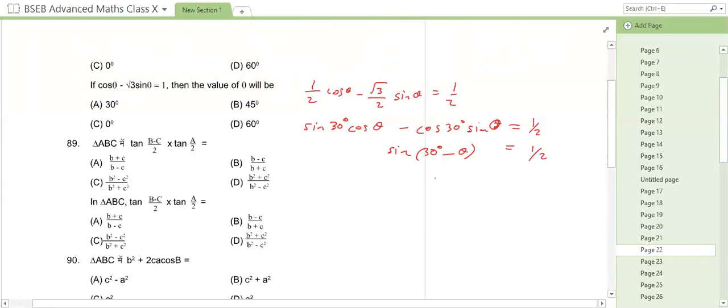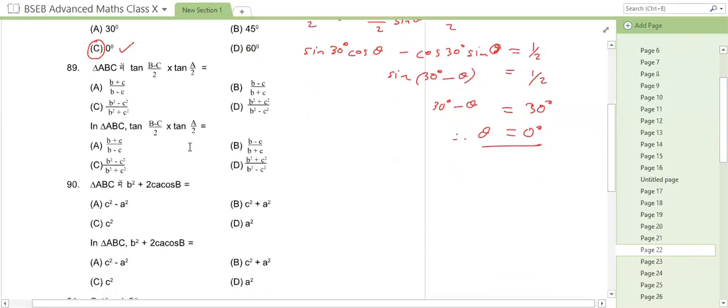So 30 degrees minus theta is also equal to 30 degrees because sine of 30 is half. Therefore, theta is equal to 0. Now, let's see if 0 actually works. So cos of 0 is 1. Yes. Root 3 sine 0, which is 0. So 1 minus 0 is 1. Perfect.